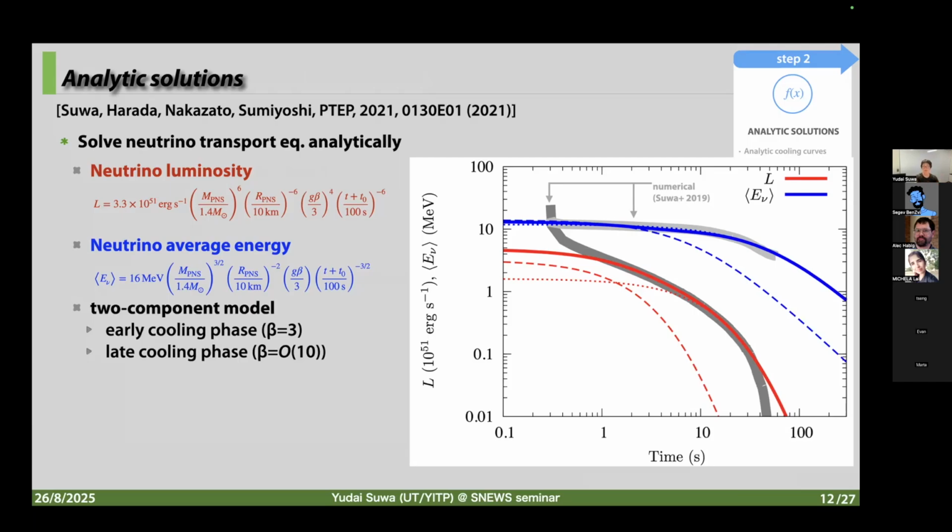When we are looking at this late phase, let's say about 5 seconds after the explosion, then the cold neutron star radius can be used as the typical number for the protoneutron star radius. So that's the reason why this analytic solution can reproduce the numerical solution at this point. So the cold neutron star radius can be used. And this is the answer for Shantanu.